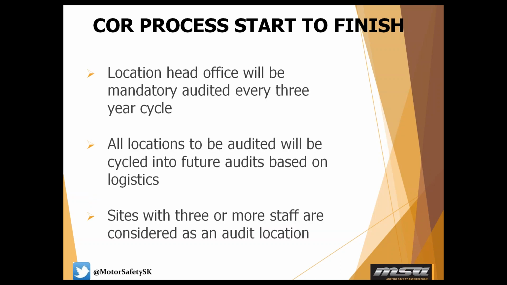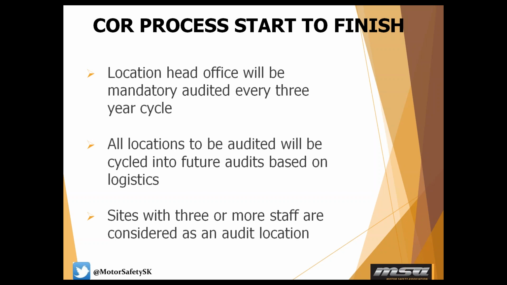And out of those 5 locations that we select at the MSA, the head office will always be included in that audit cycle. So every time we would do an audit, which is 3 years, the head office is always included.